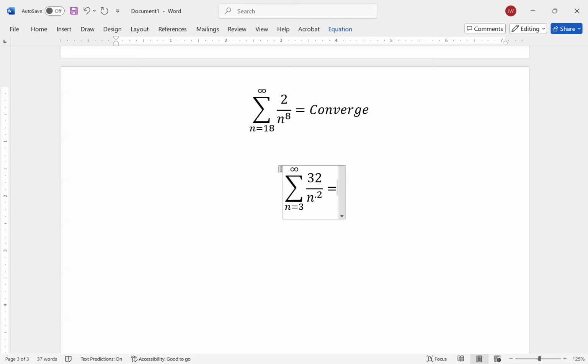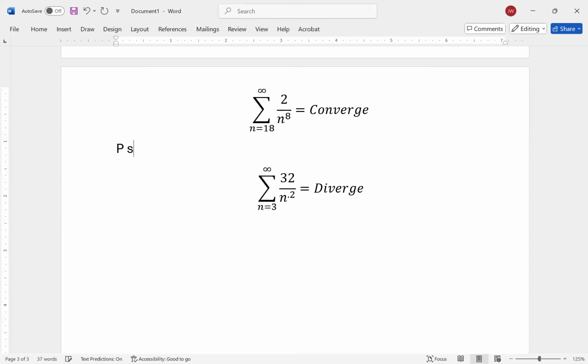In the same sense, if I sum up from 3 to infinity, 32 over n to the 0.2, that's going to be like the p-series with 1 over n to the 0.2 that we're adding up. P there is 0.2, therefore this is going to diverge.